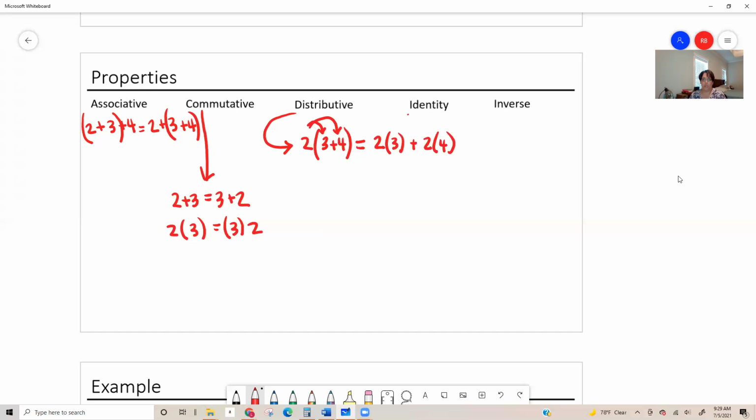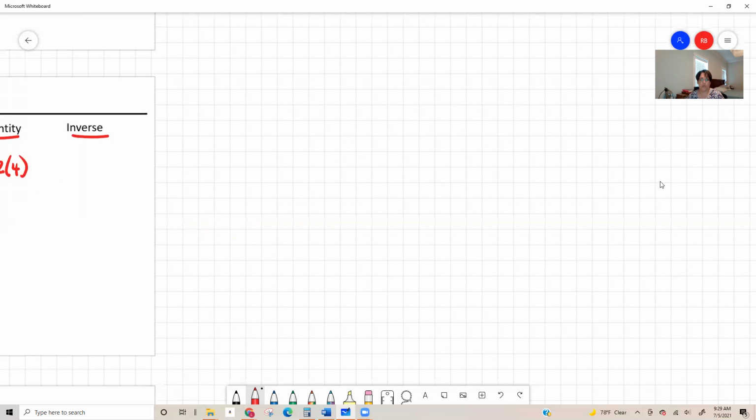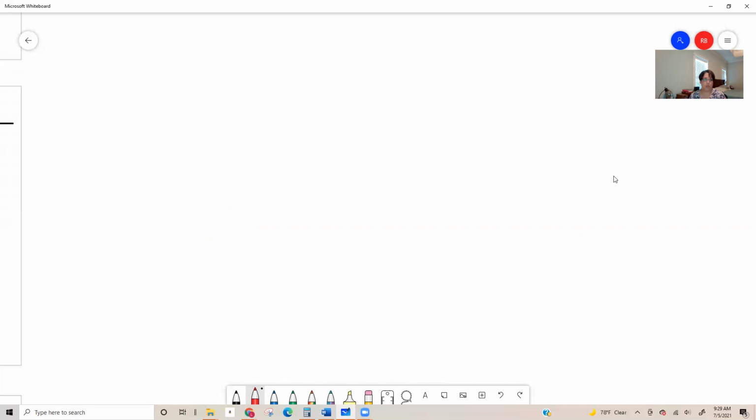Okay, now we have these two new ones, identity and inverse, and I'm going to need some more room to discuss those. All right, so the first one we're going to talk about is identity. You have identity properties for addition and multiplication.